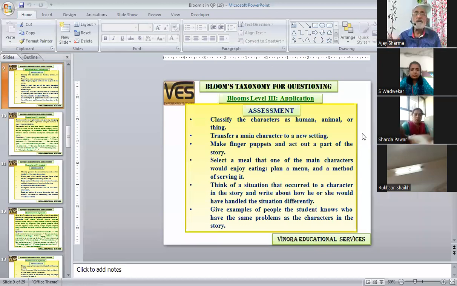Is this clear? Make finger puppets and act out a part of a story. You give them a story in the English language which you are teaching, and use the finger puppets. You know how to make finger puppets. Color half of your finger red, green, yellow, blue, 4 characters. 2 dots up for the eyes, 1 dot down for the mouth.